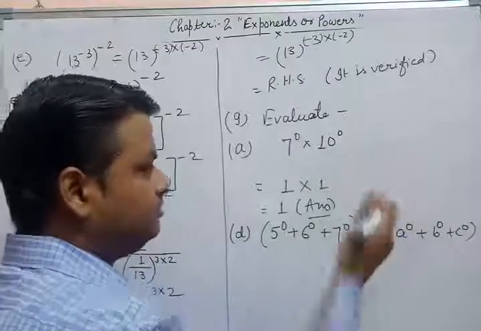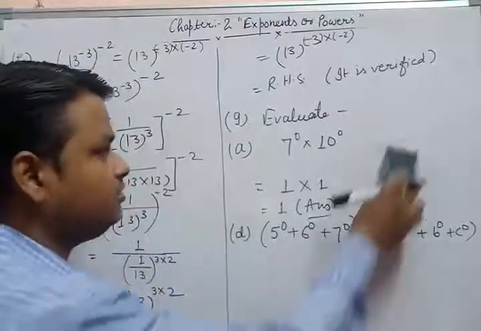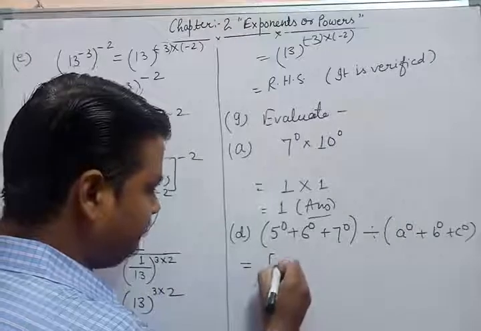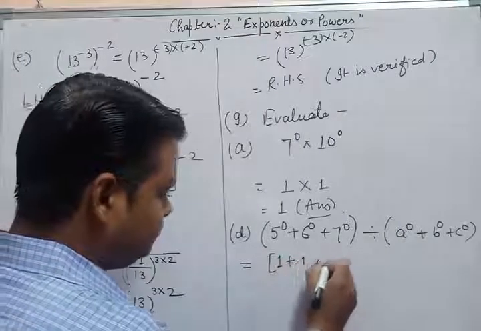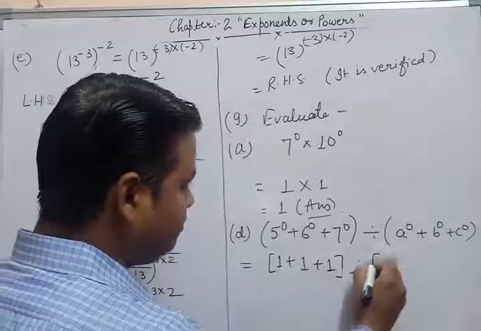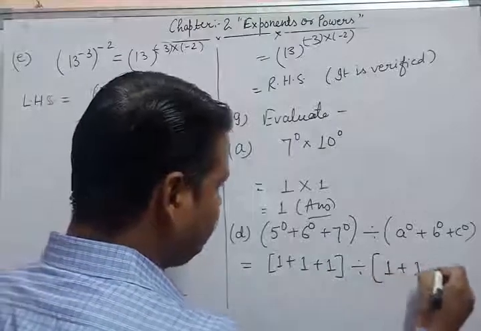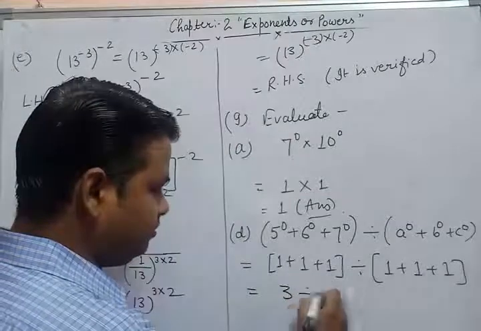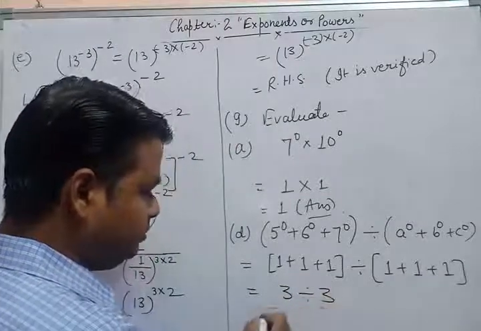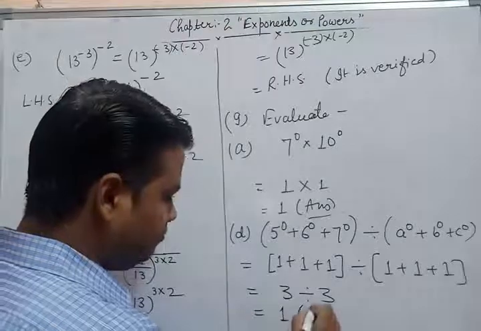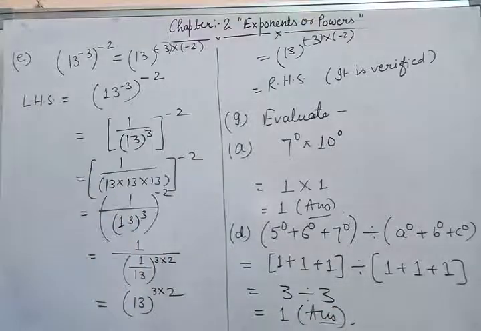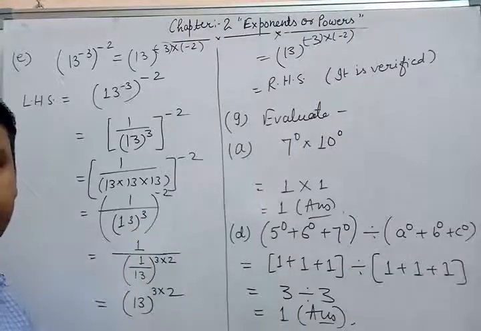So the value of this is 1 plus 1 plus 1 divided by 1 plus 1 plus 1. 1 plus 1 plus 1 is equal to 3, so 3 divided by 3 is equal to 1. So this is the answer. Pause the video to note it down in your copy or take a screenshot.